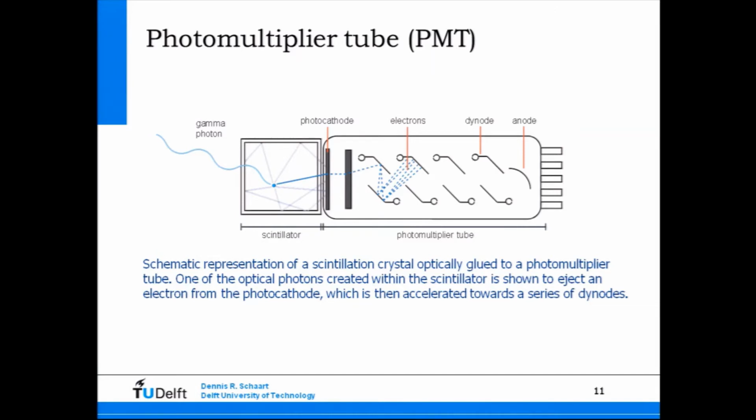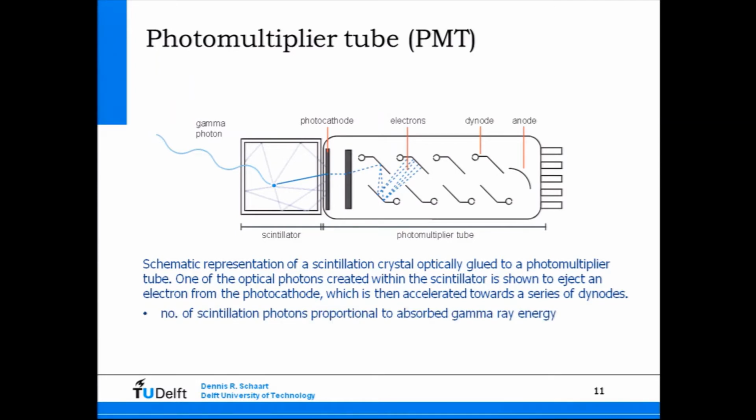And a part of those are converted into electrons by the photocathode, and such a photoelectron is then accelerated towards a series of dynodes, and at each dynode, such an electron releases 3 to 6 or so new electrons, and if you repeat that process a couple of times, you end up with a fairly high overall gain, which is more or less constant.